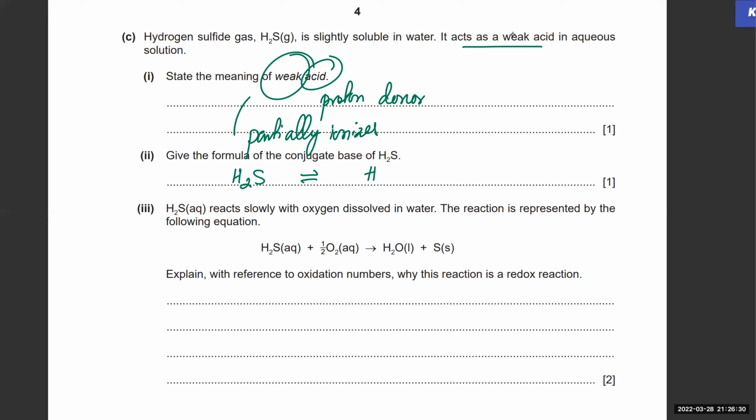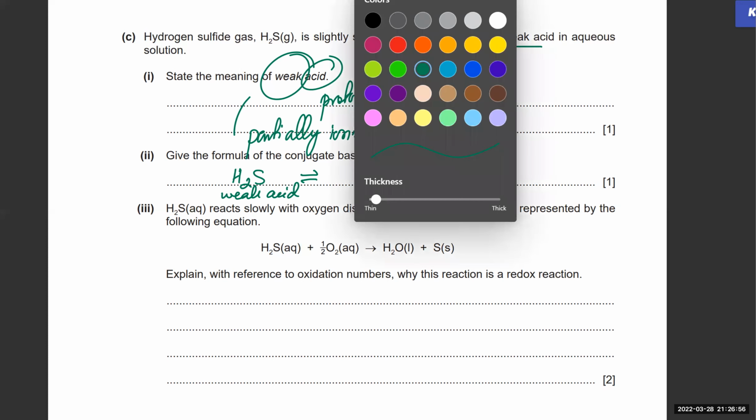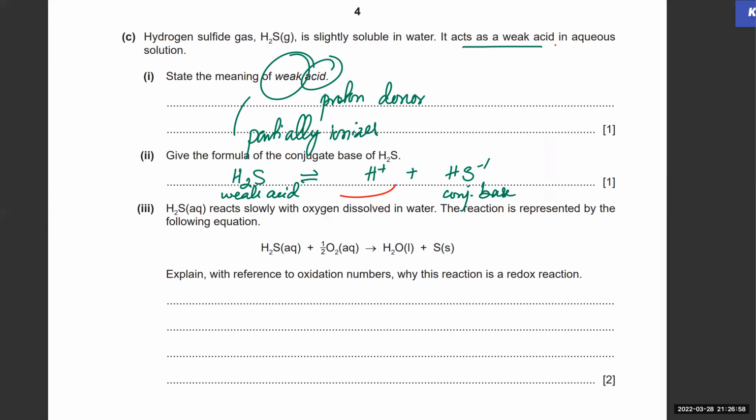If it loses an H+ ion, it would form the HS- ion. So it's behaving as a weak acid. Any weak acid, when it ionizes, turns into a conjugate base. And what is a conjugate base? A conjugate base is the opposite: in the reverse direction, it's going to gain the H+ back again. That's why it's behaving as a base.